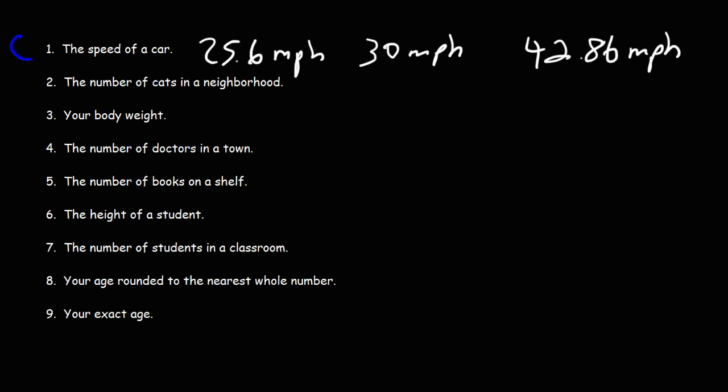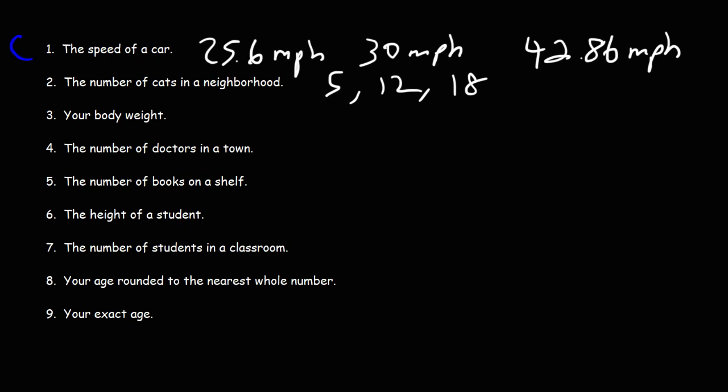Now, what about number 2, the number of cats in a neighborhood? Can that be measured or counted? In this case, you can count the number of cats in a neighborhood. In your neighborhood, you might be able to count 5 cats, or 12, or 18. You can't really have half a cat. I mean, that would just be wrong. So this set of data can only have whole numbers.